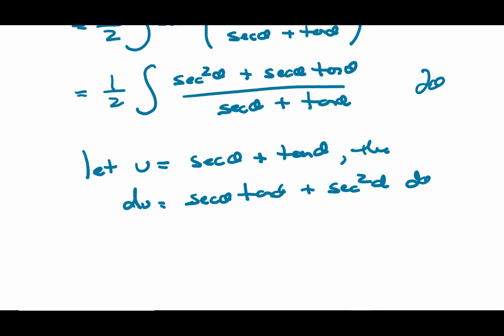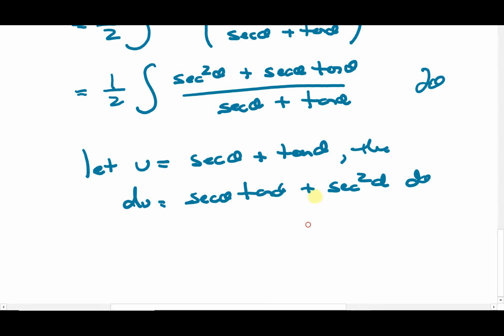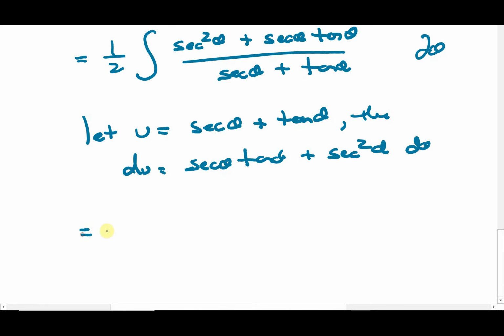So we combine these, and now we have 1 over u. So essentially now we're going to take this integral, which equals 1/2 the integral of 1 over u du.